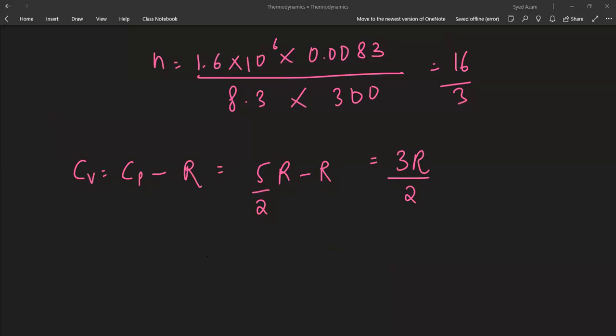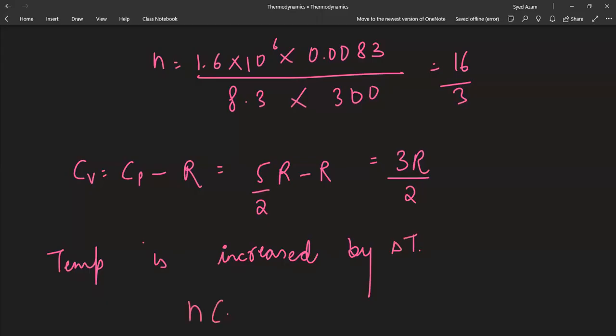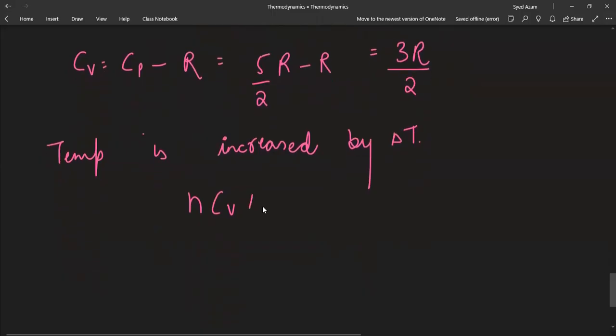So let's say the temperature is increased by delta T. Okay, so your n Cv delta T, molar specific heat capacity concept, if you remember, we can equate it with the total heat. This will be the formula for heat. Now, number of moles are also present. We'll be able to calculate delta T from here.